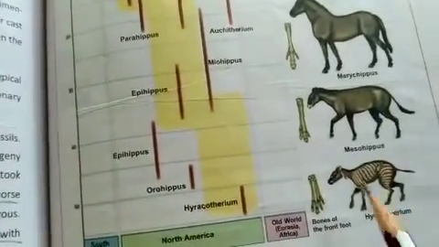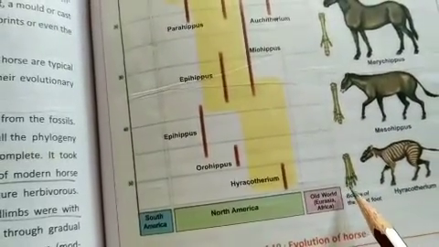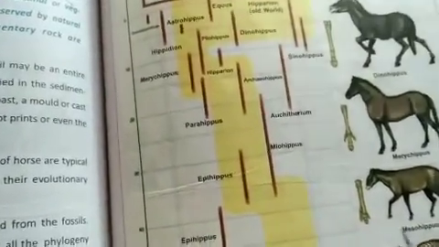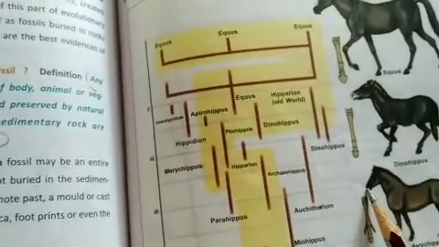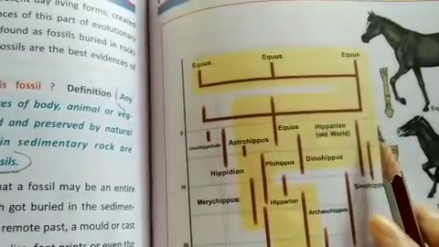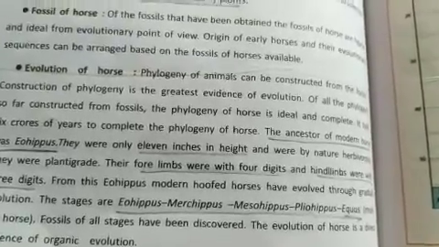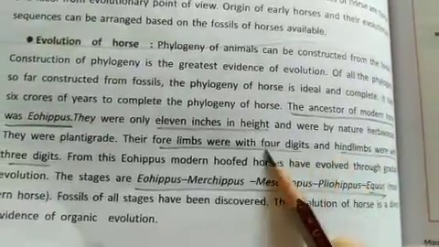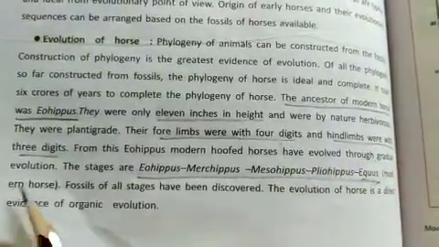See the picture. In the ancestor form, 4 digits are present, and next 1 digit is reduced. In this way, all the digits are reduced and it is modified into a hoof. So we can see this is an example of evolution. Their forelimbs had 4 digits and hind limbs had 3 digits.